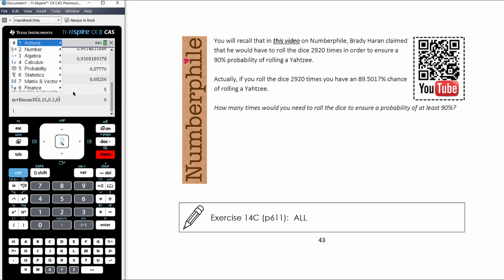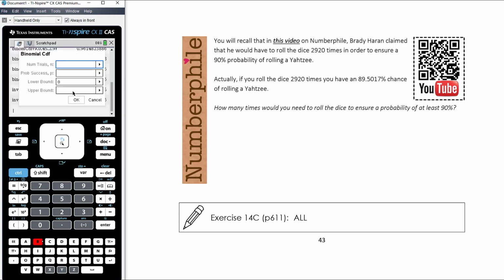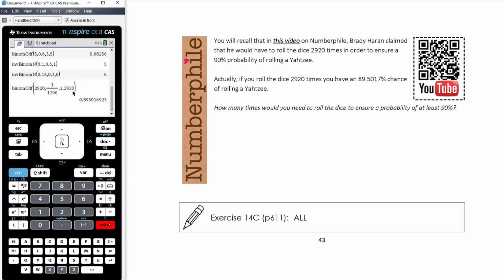So if you were to do menu 55B, if you were to actually roll 2,920 times, the probability of success, remember, was 1 over 1296. You want to get at least 1 Yahtzee in that time. Actually, you find it's not quite 90%. So the question is then, okay, well, how many times does he have to roll the dice to ensure a probability of at least 90%?